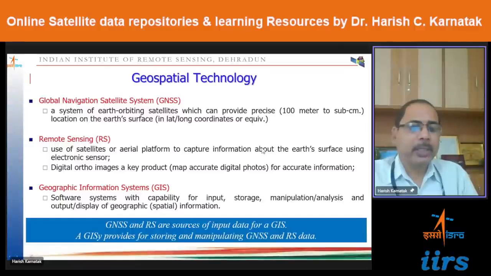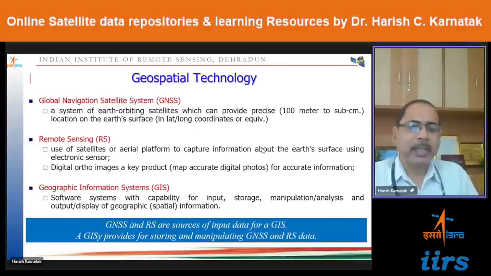Then we have remote sensing. Already we have discussed this technology in many lectures. Remote sensing is basically using satellites or aerial platforms to capture information about the Earth's surface using electronic sensors. Those sensors are deployed in these satellites, and they are majorly optical sensors, microwave sensors, or thermal sensors, and they are sensing the Earth information and then transferring these signals to our Earth station.